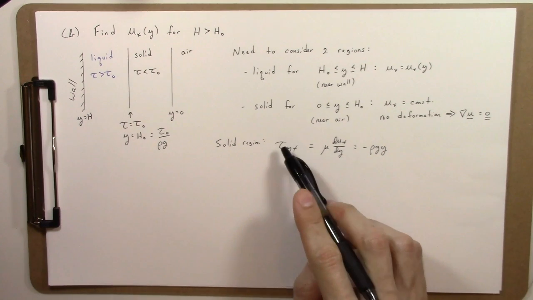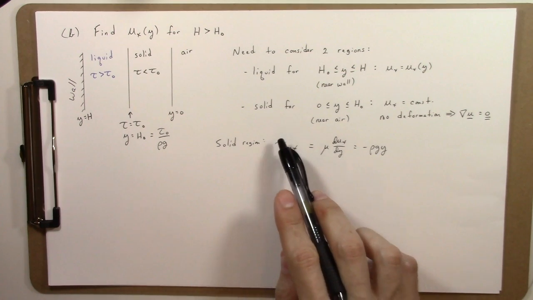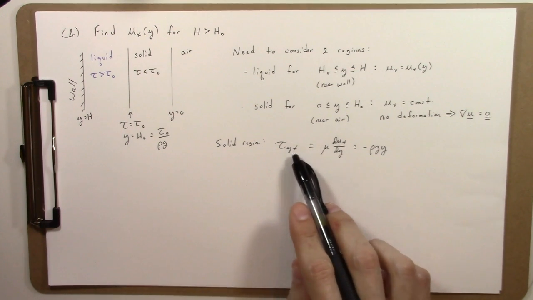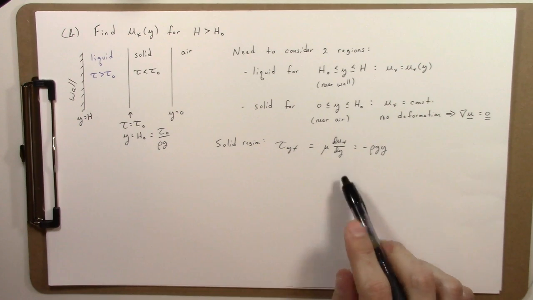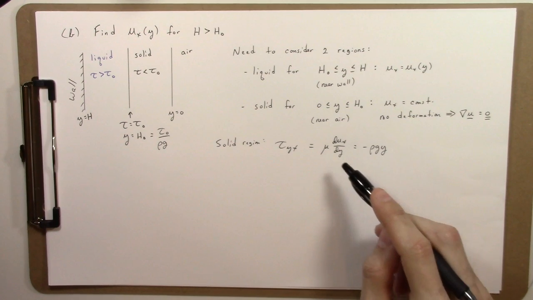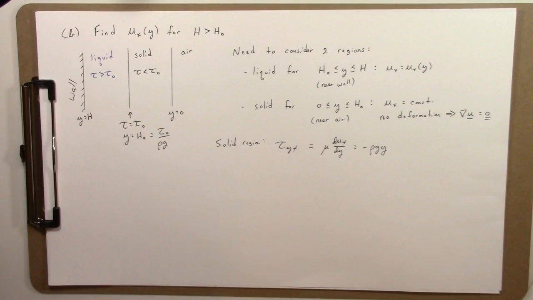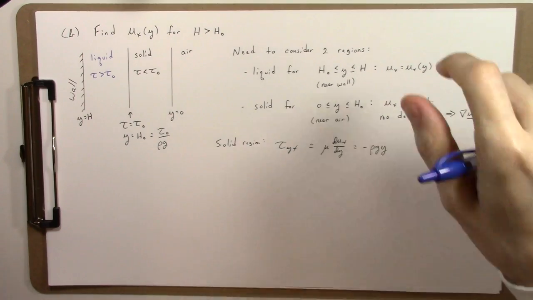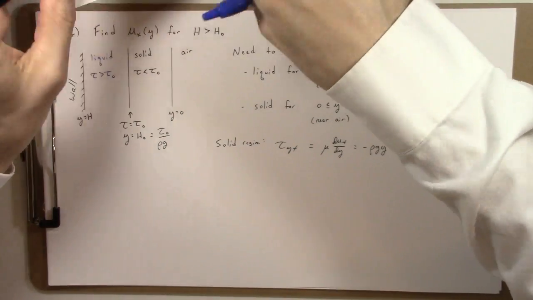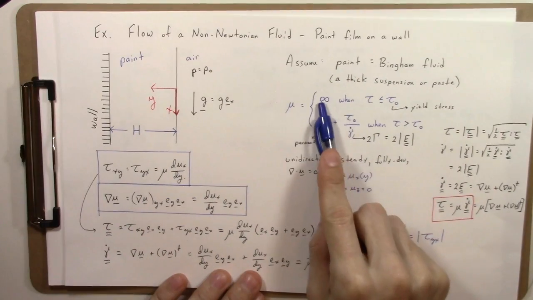We have to relate the stress to the rate of deformation. And this is the expression we found at the beginning of our analysis from the constitutive equation that we were given for the Bingham fluid. The only difference between this and Newtonian is that mu now varies with the rate of deformation, so mu is not constant. Now in the solid region, what is the viscosity? Well, in the solid region, viscosity is essentially infinite.